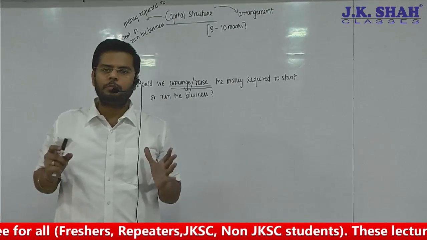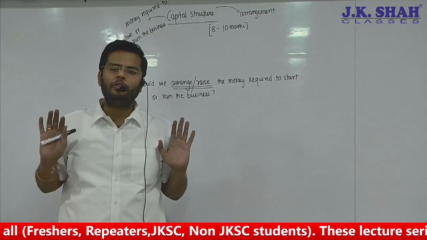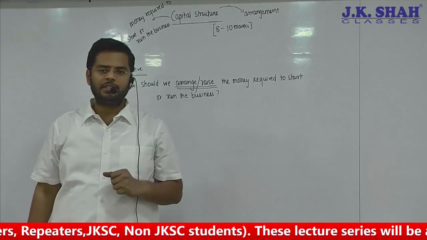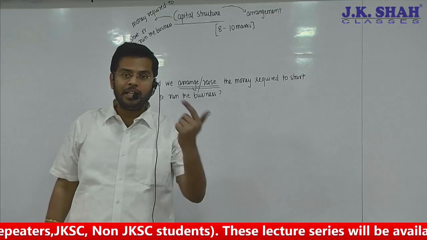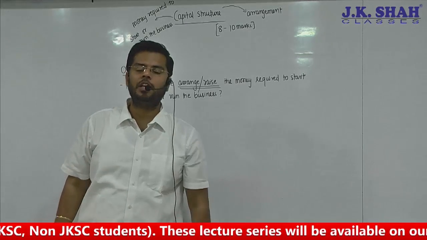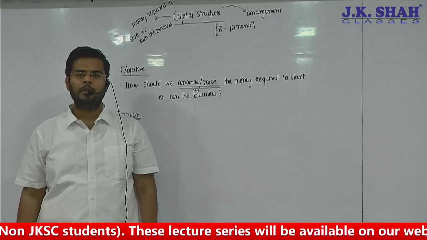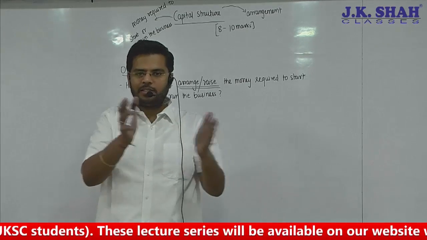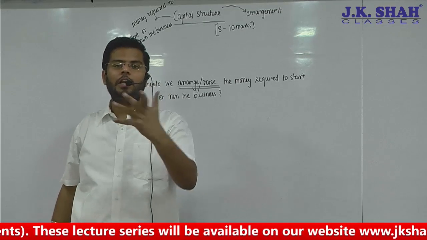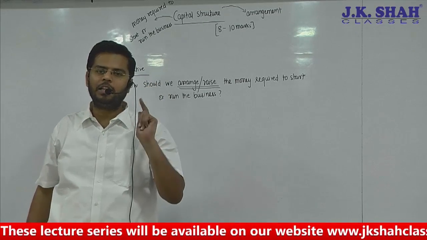So our objective should be what? To maximize the wealth of our equity shareholders. Wealth, when will it increase? Wealth increases whenever the market price of the equity share increases. So I can say wealth is similar to market price. So whenever the market price of your equity share increases, your wealth will increase.